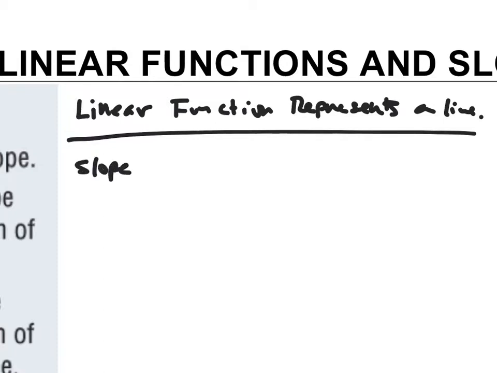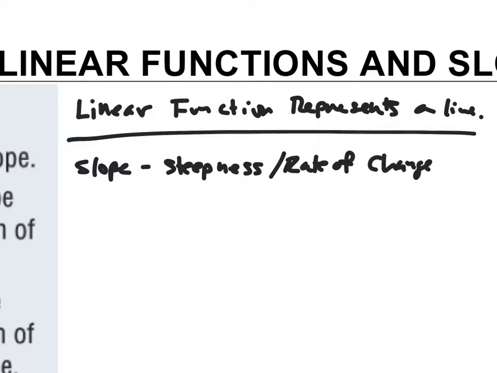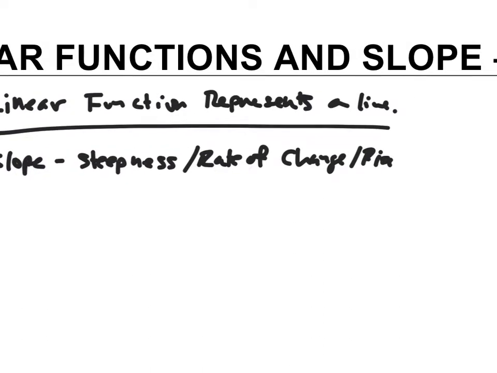The slope is another word for steepness. It's a measure of steepness. It's also called the rate of change, and it's also called rise over run. All right, so we've seen this before.